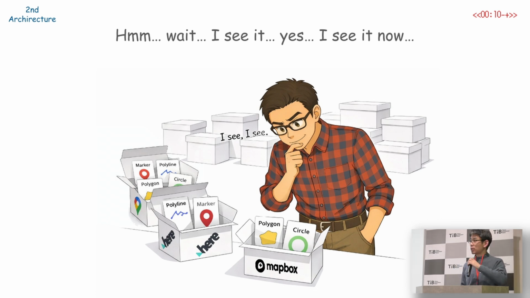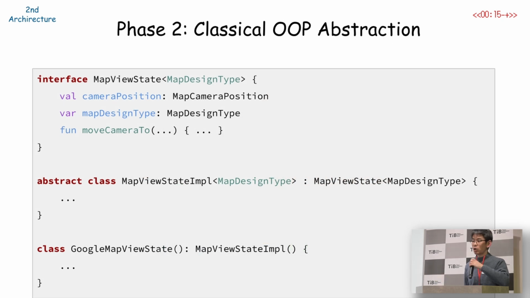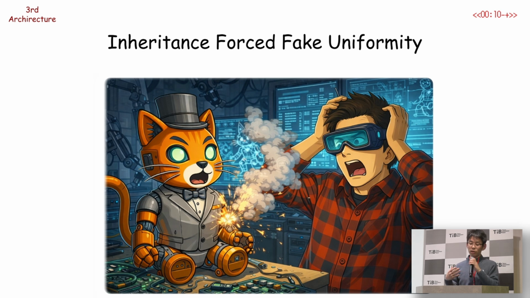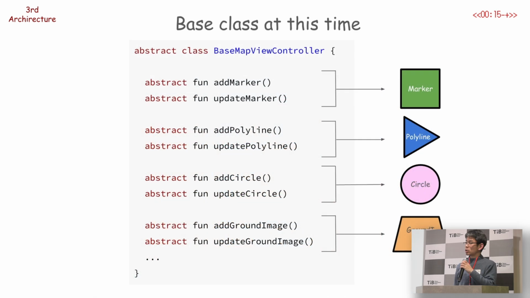Then I introduced classical OOP, object-oriented programming, the textbook way. So using an interface, abstract class, and child classes. It's very clean architecture, right? Yes. However, this inheritance, classical OOP, forced me to make a fake uniformity. To explain very quickly, I'd like to use some shapes: rectangle, triangle, circle.